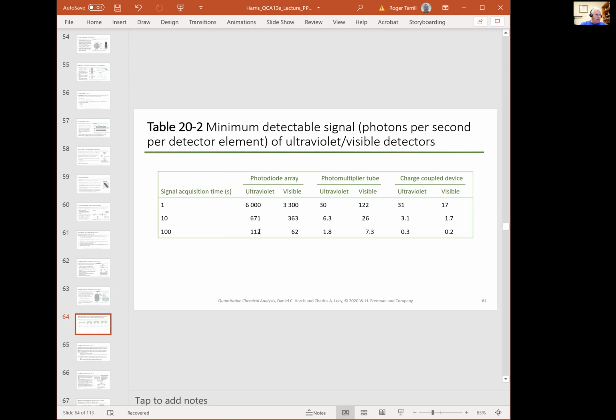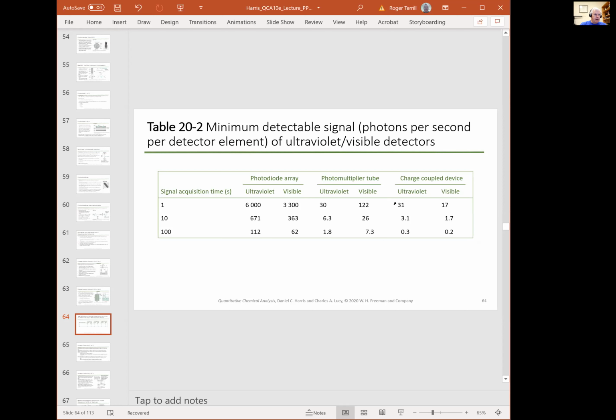You'll see that these don't scale properly. With 6,600, this should be 60, but it's about twice that. Then we got 30 and 6 instead of 30 and 3, and then 2 here. So this is not quite working out.